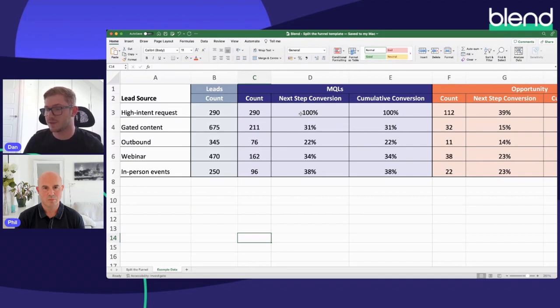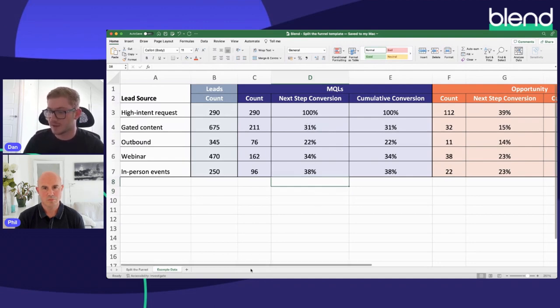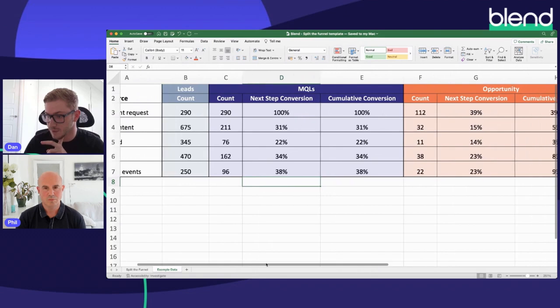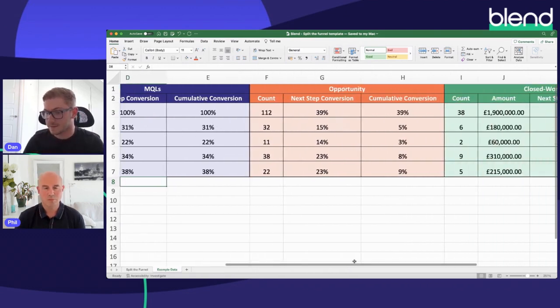That's our definition for it. But these MQLs from gated content, outbound, webinars, in-person events are likely to be, from lead scoring and stuff like that. So although the conversion to MQL isn't actually too bad at this stage, it doesn't work out that favorably as we move through.